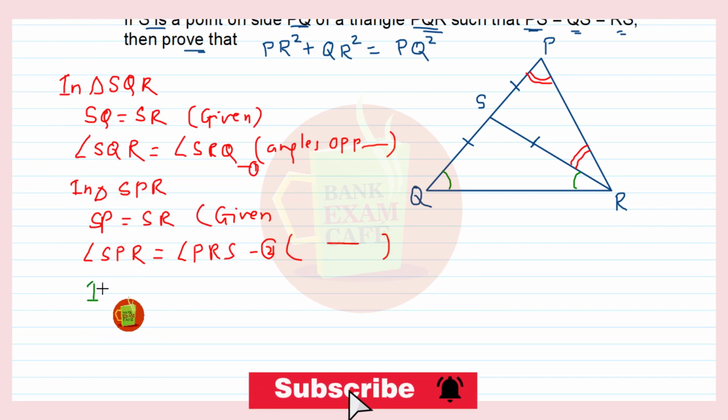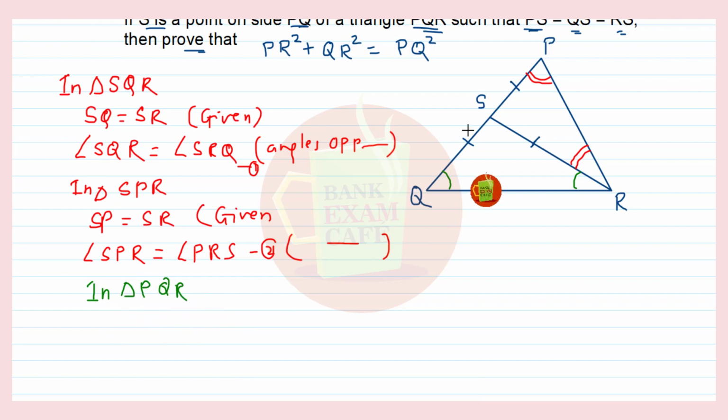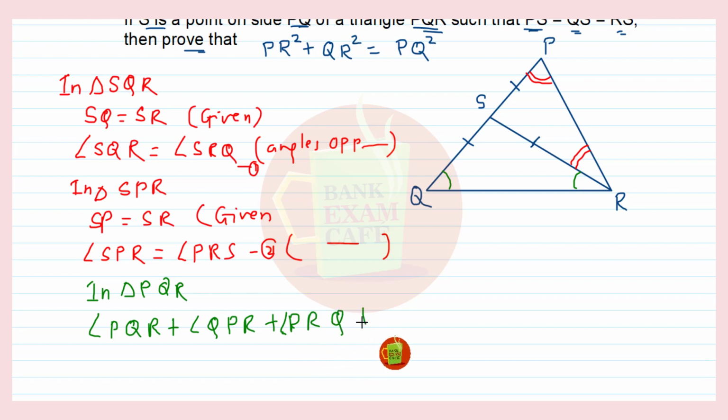In triangle PQR, angle PQR plus angle QPR plus angle PRQ is equal to 180 degrees, reason: angle sum property of a triangle.